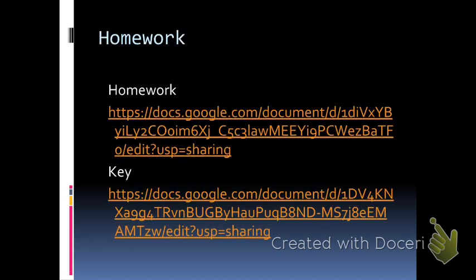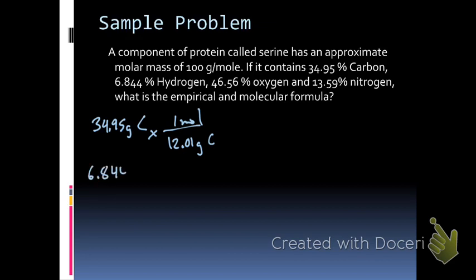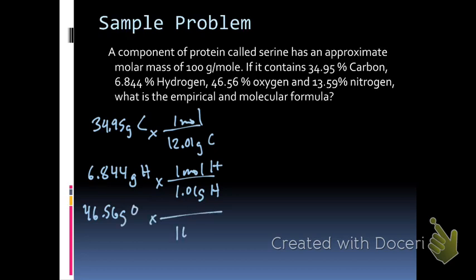So 34.95 grams of carbon. We know that there's 12.01 grams of carbon in 1 mole. 6.844 grams of hydrogen. 1.01 grams of hydrogen for 1 mole of hydrogen. 46.56 grams of oxygen. 16 grams of oxygen, 1 mole. 13.59 grams of nitrogen.